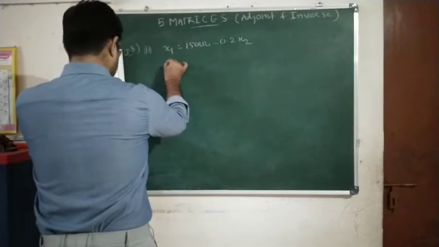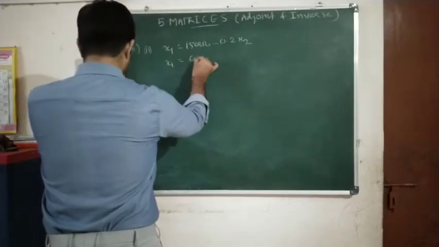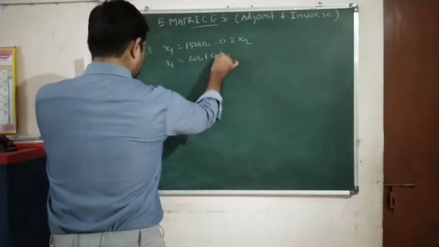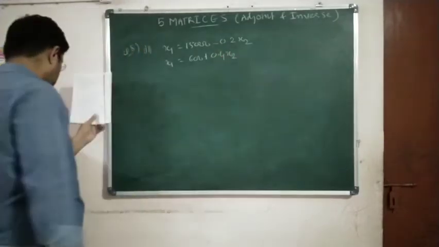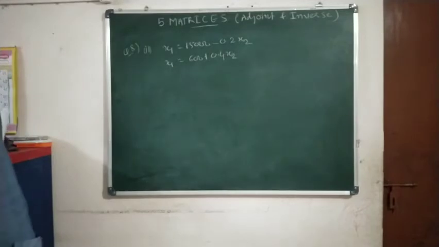Supply curve is given by x1 is equal to 600 plus 0.4 x2. Okay, now using matrix theory we have to obtain x1.